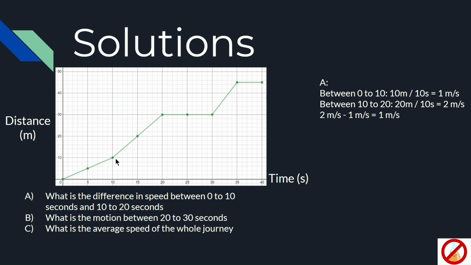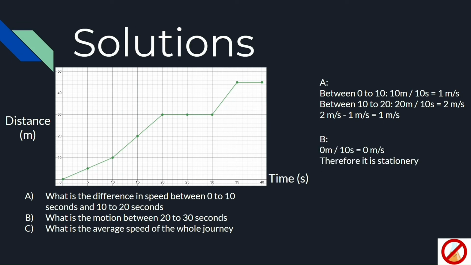So the total distance traveled from 10 to 20 seconds is indeed 20 meters. So 20 meters divided by 10 seconds, because that's a 10-second interval right here, we will get 2 meters per second. And 2 meters per second minus 1 meter per second, the difference will be 1 meter per second, and that will be the answer for question A.